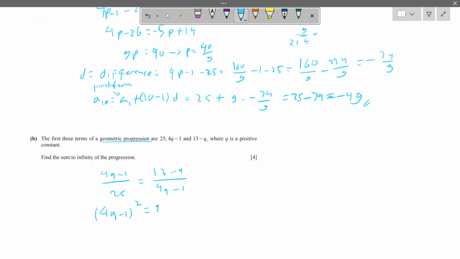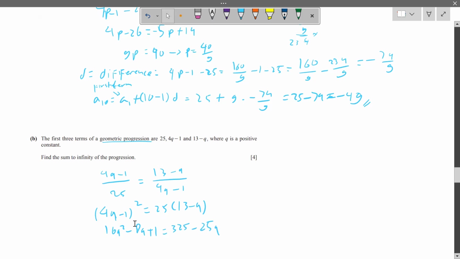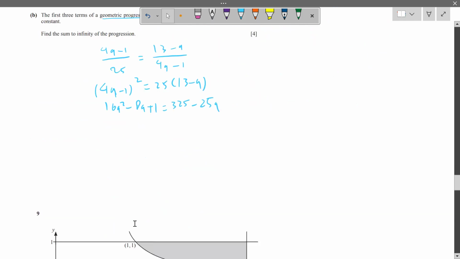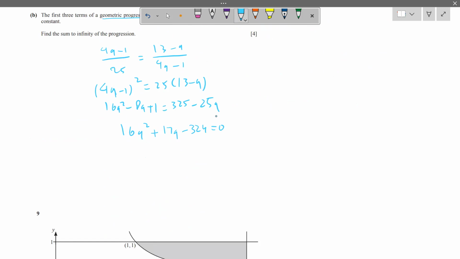You'll get a quadratic. Now, this is a quadratic, which might be complicated. You can probably solve this using a calculator, or you can brute force this using the quadratic formula.